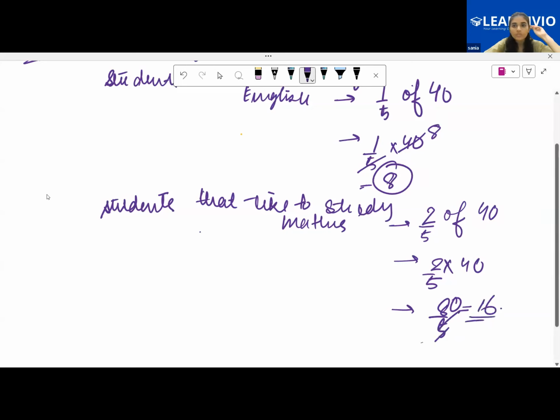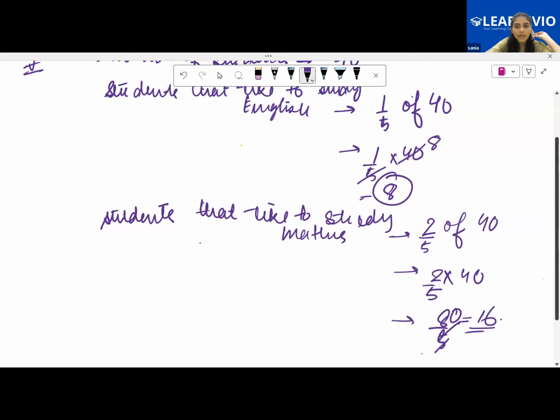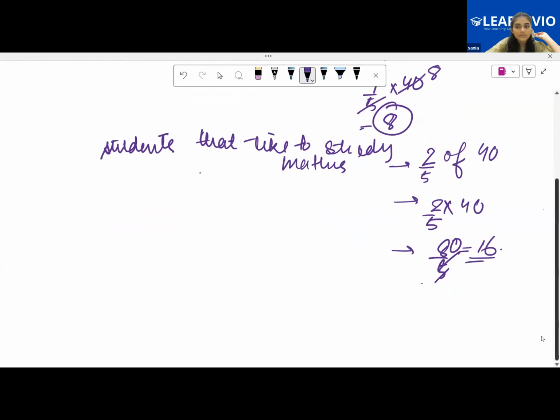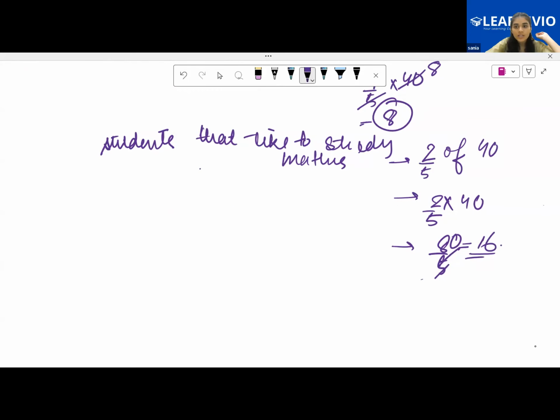Good. So there are 40 students in a class. Out of those 40 students, 8 like to study English, 16 like to study maths, and it is given that the remaining like to study science. Can you tell me what is the remaining number of students? How will you find the remaining number of students?